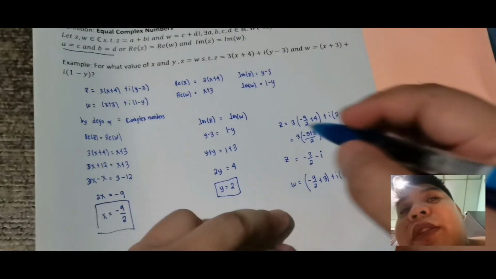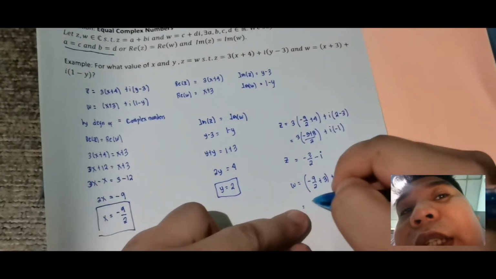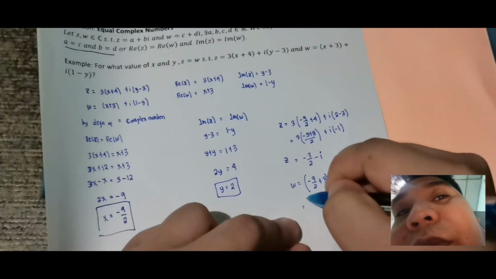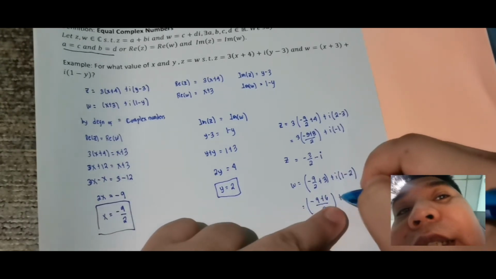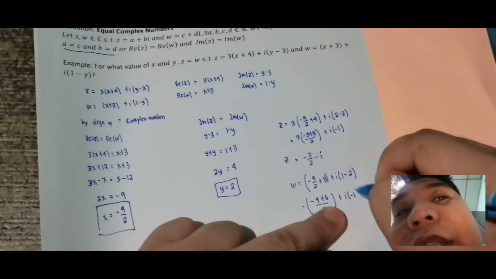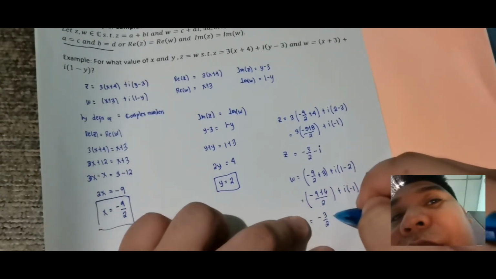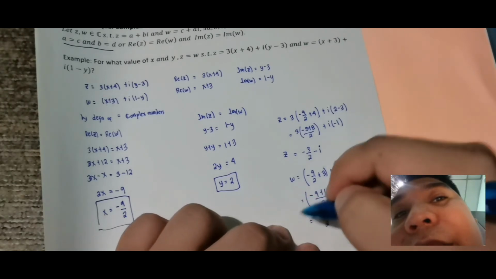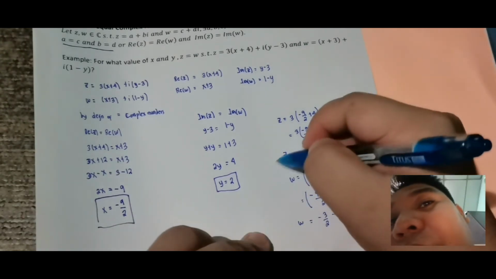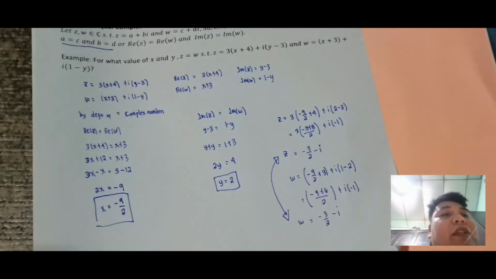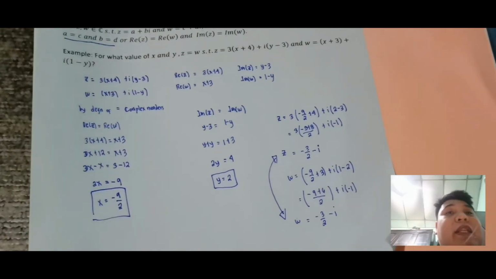Okay, so negative 9 over 2 plus 3 is equal sa negative 9 plus 6 over 2, then plus i times negative 1. Okay, so obviously, this is negative 3 over 2 minus i. So therefore, equal yung dalawa. Okay, so tama yung value ng x and y natin. So, ganyan yung ginagawa or ginagamit yung definition of equal complex numbers. Okay?